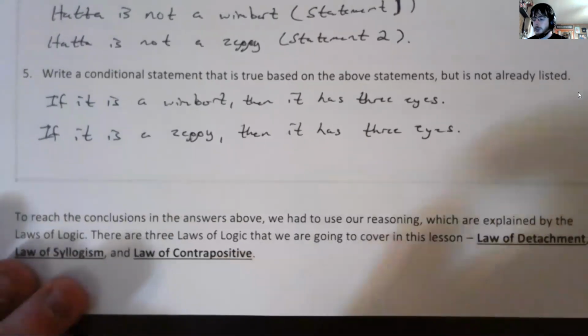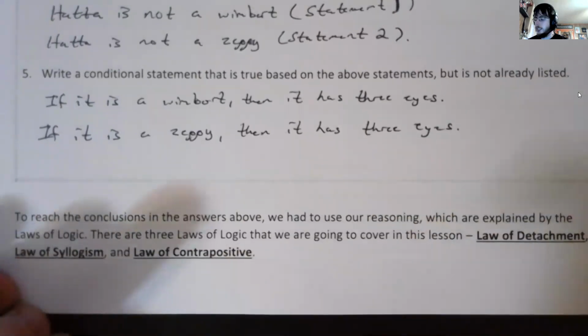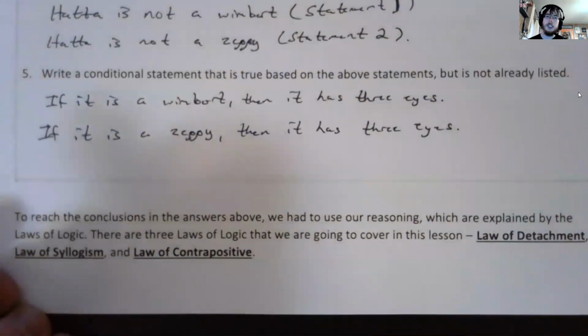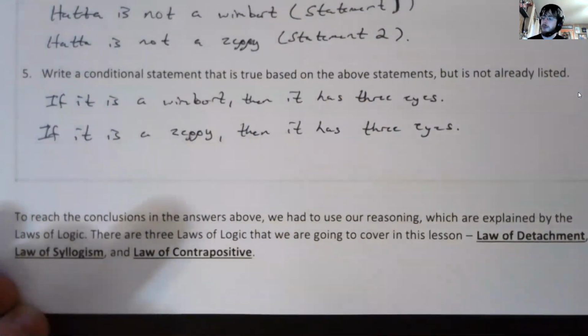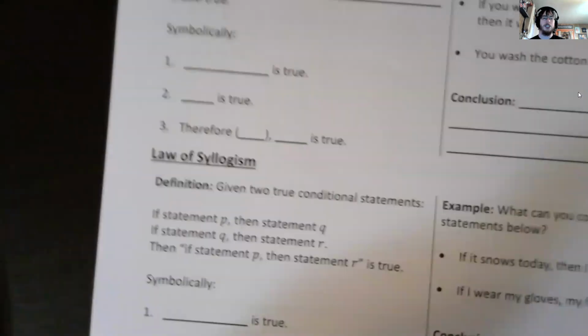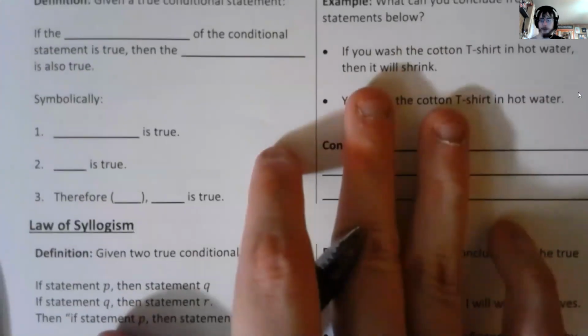And the law of contrapositive is important, but that's not a focus for what we need to know in this class. Okay. I will show it to you so you know about it, but overall it's not something that we need to know. So let's move on to the next page here where we define what the law of detachment, syllogism, and contrapositive are.